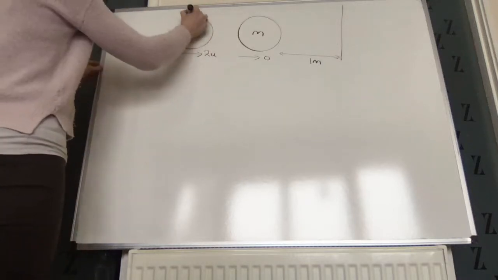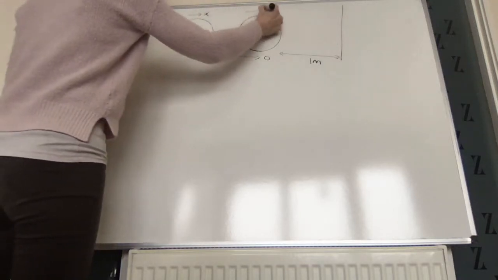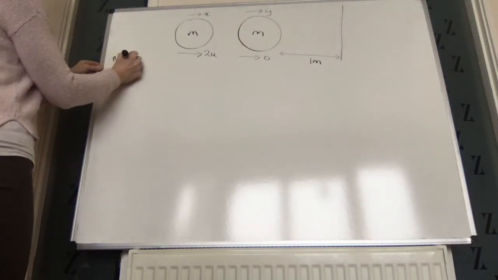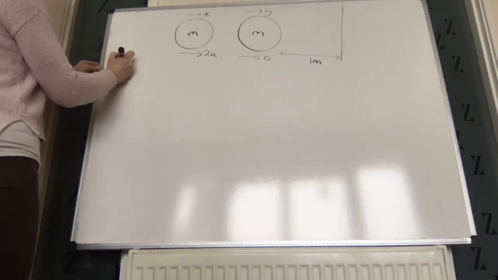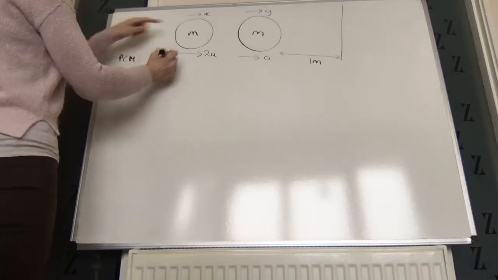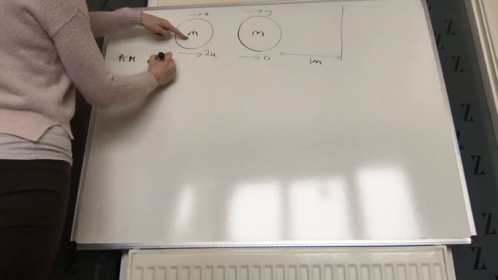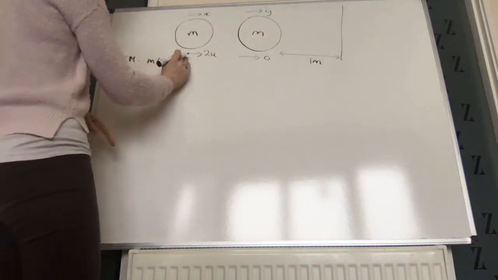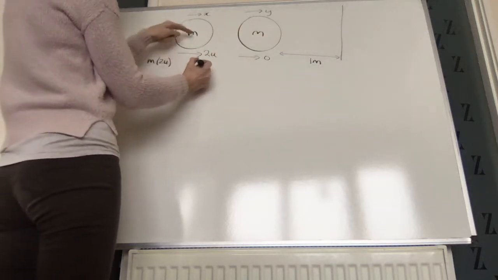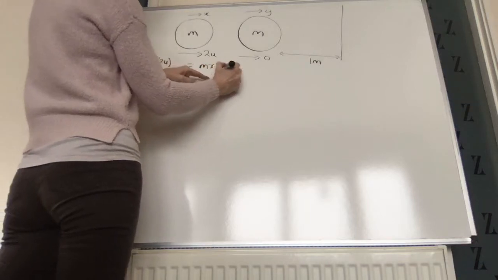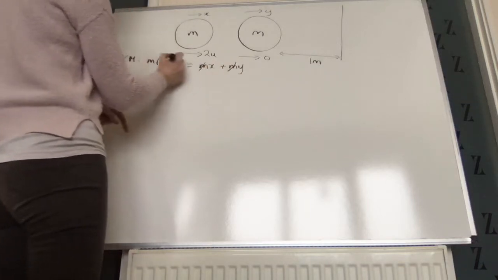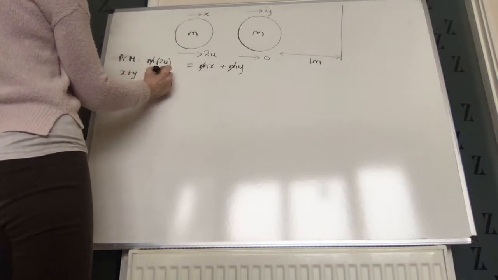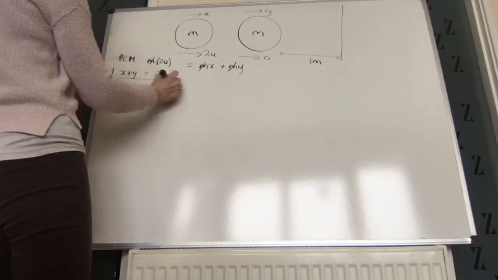So in the first collision, x and y are the velocities afterwards. Newton's principle of conservation of momentum: m times 2u plus m times 0, so that's just 0, is equal to mx plus my. Divide by m. So we have x plus y is equal to 2u.